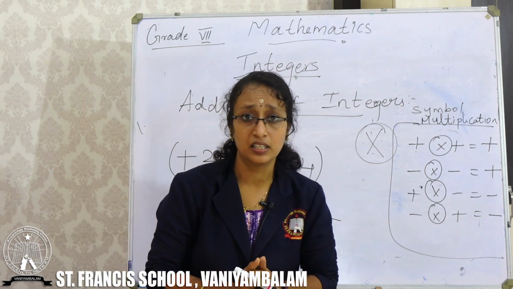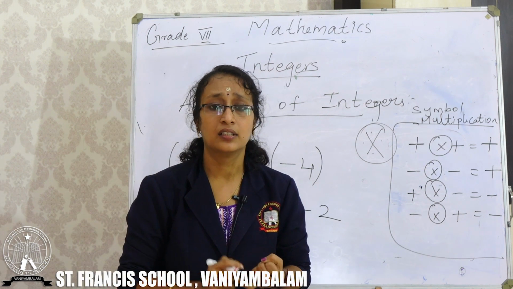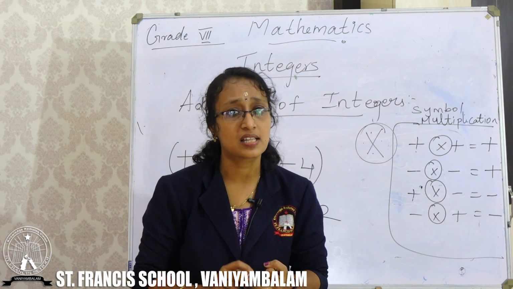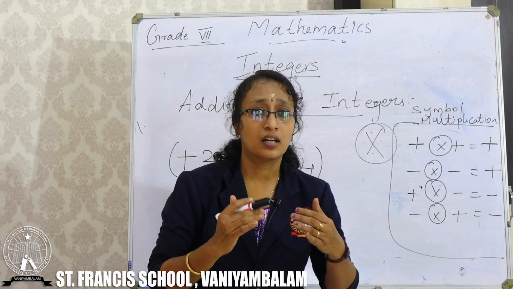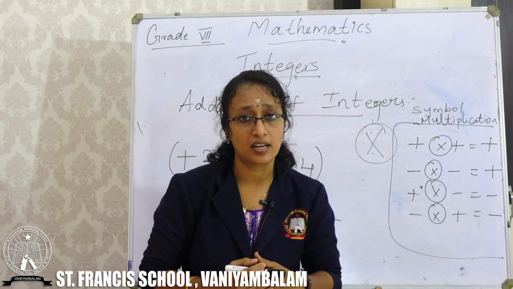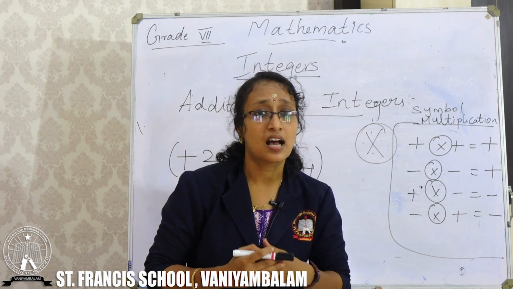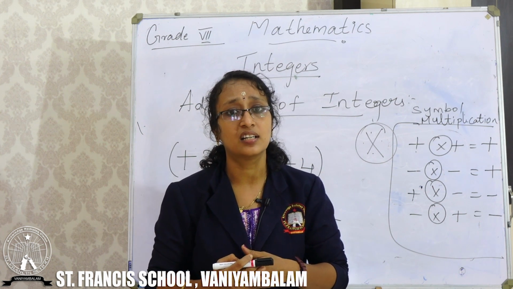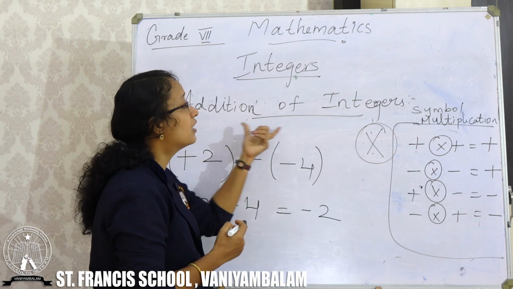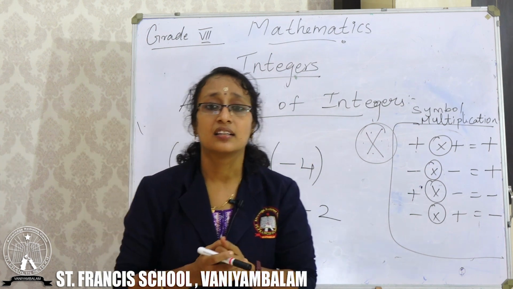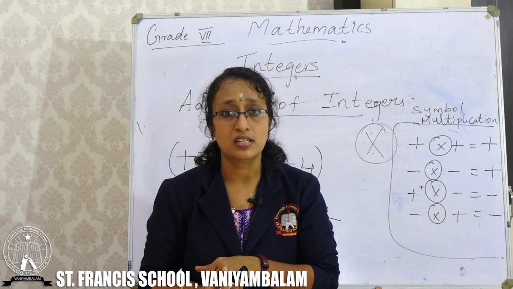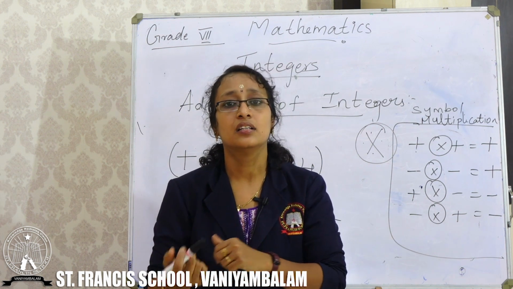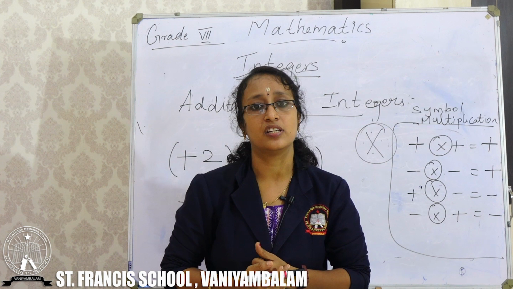So we had learnt what is a natural number and whole number, and what is an integer, and representing integers on a number line. Next, ascending order of integers, descending order of integers. After that, we have learnt the addition of integers, that is adding two positive integers, adding two negative integers, adding positive and negative integers.